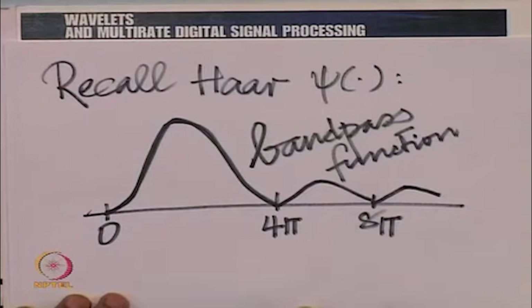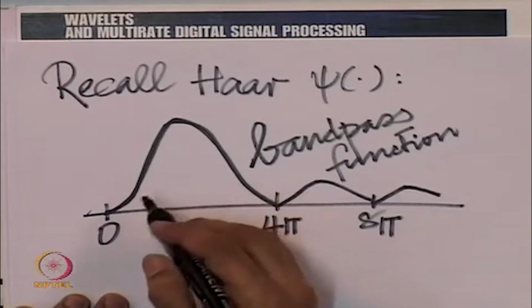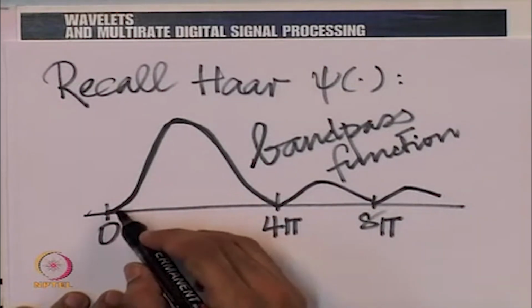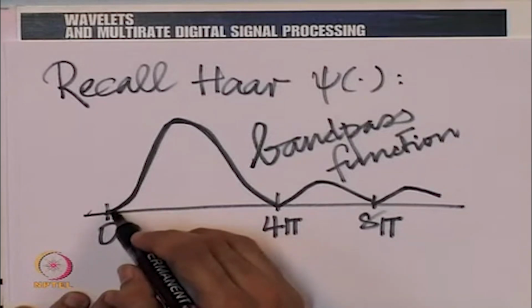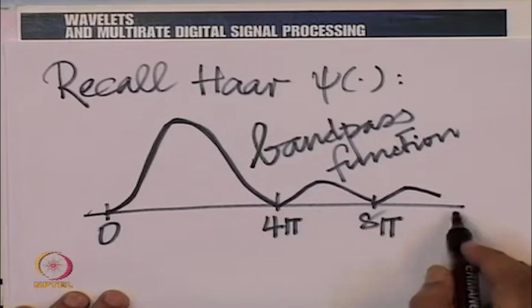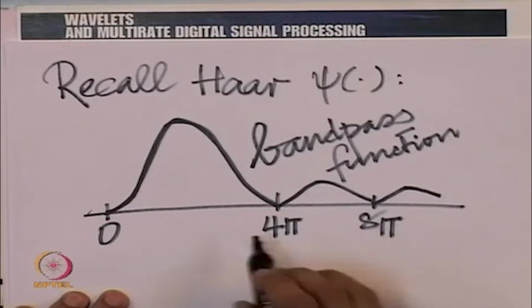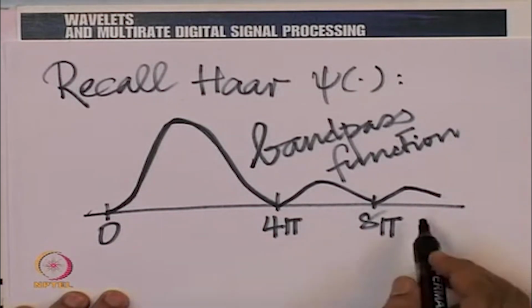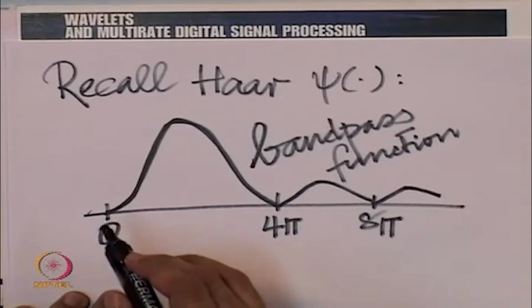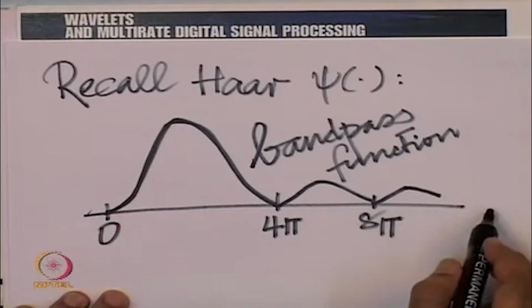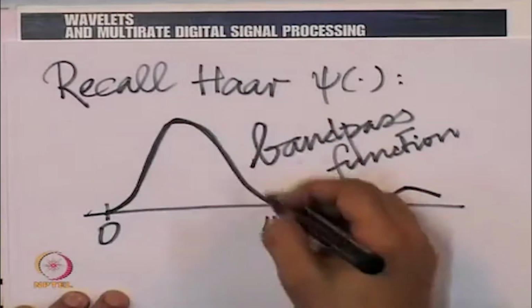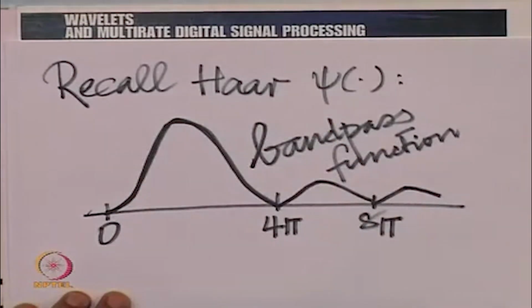By a band pass function, I mean it did not have a non-null Fourier transform at 0. As omega tends to infinity, again the Fourier transform decays towards 0. So, the Fourier transform magnitude is 0 at 0, 0 at infinity, and maximum somewhere in between. It emphasizes a band of frequencies.